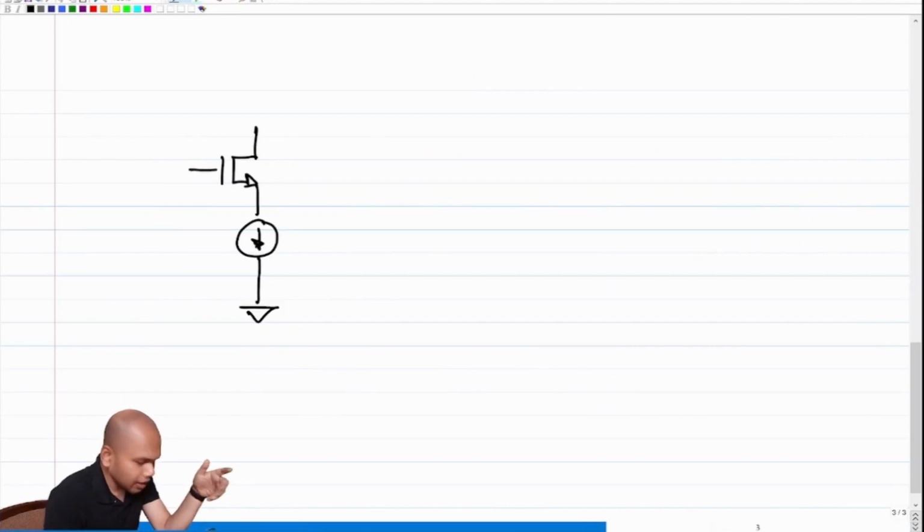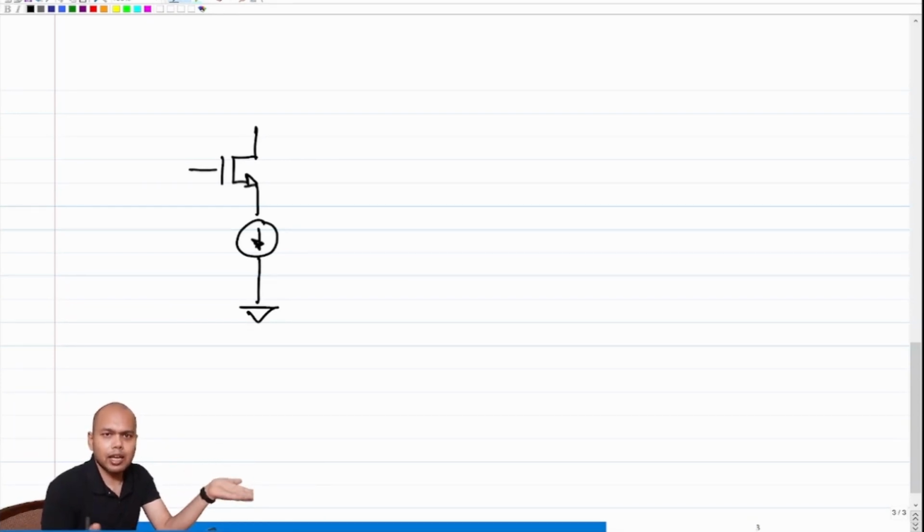I am essentially saying that I'll not be touching the drain and the gate, right? That's the whole premise of connecting the current source at the source and tweaking at the source. We have connected the current source at the source of the transistor. In this case, current is sinking, but let's stick to the terminology of current source. So we don't plan to do anything with the gate and the drain of the transistor.